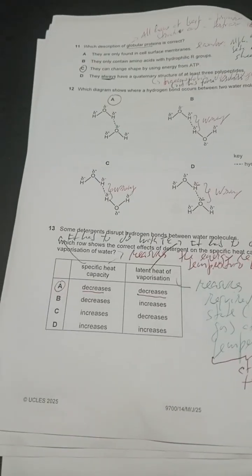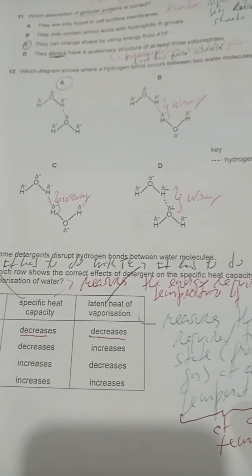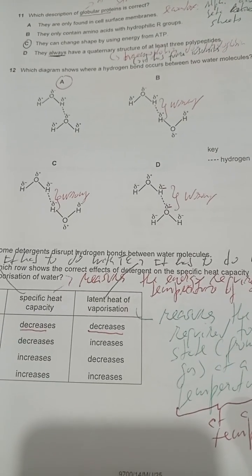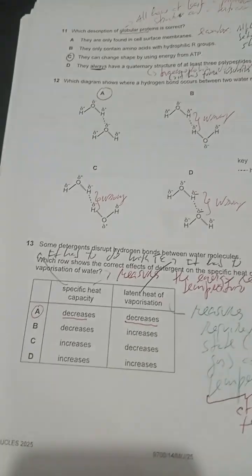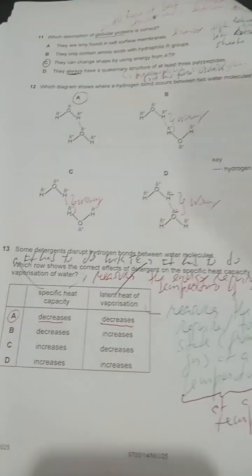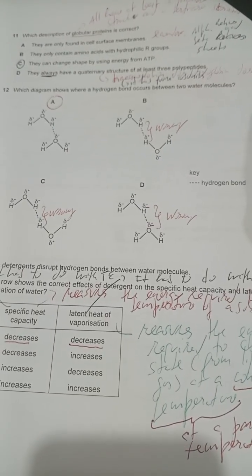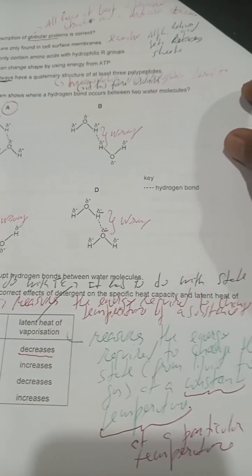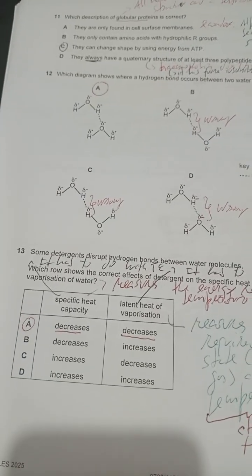Okay, let's do number 13. All right, number 13 reads, some detergents disrupt hydrogen bonds between water molecules. Which row shows the correct effects of detergent on the specific heat capacity and latent heat of vaporization of water?